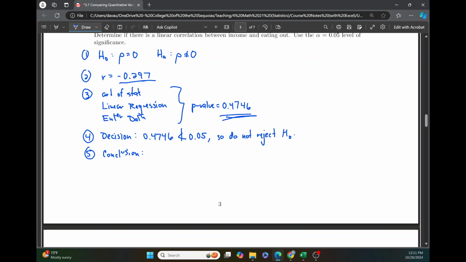Okay, we're not rejecting the null hypothesis, so there is not sufficient evidence to conclude that there is a linear correlation.